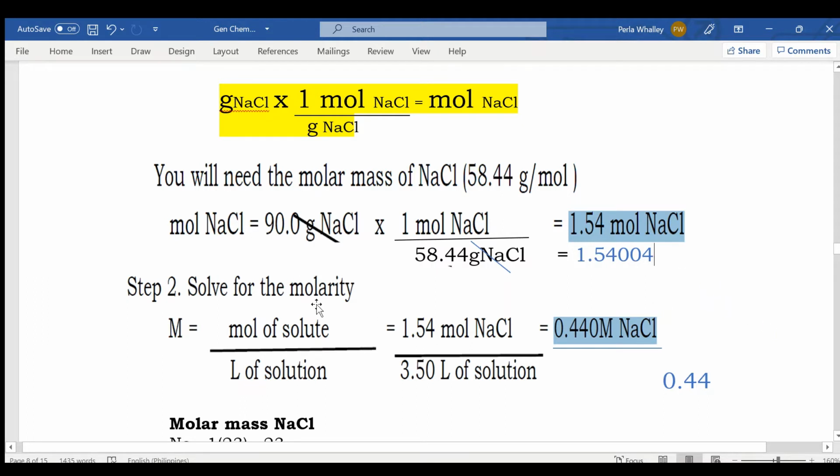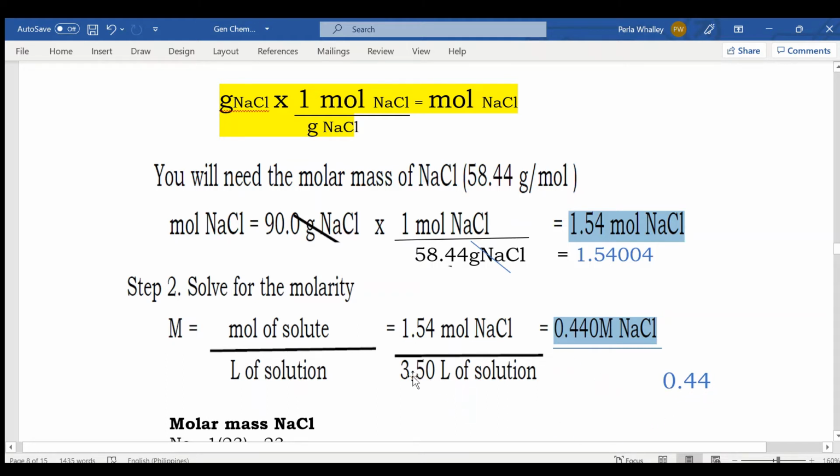Next, step 2. Solve for the molarity. So we have the formula. The moles of solute is 1.54 moles sodium chloride, and given earlier, the liters of solution is 3.50 liters of solution. So 1.54 divided by 3.50, the answer is 0.44.